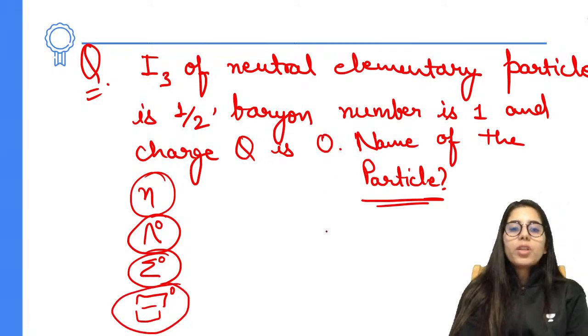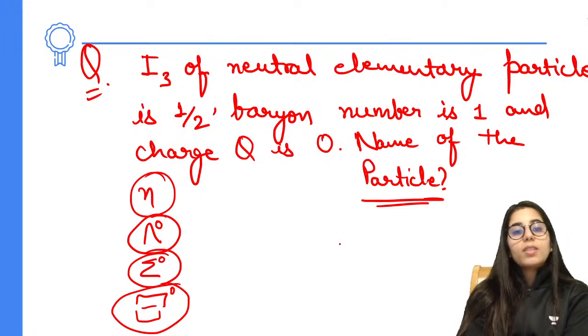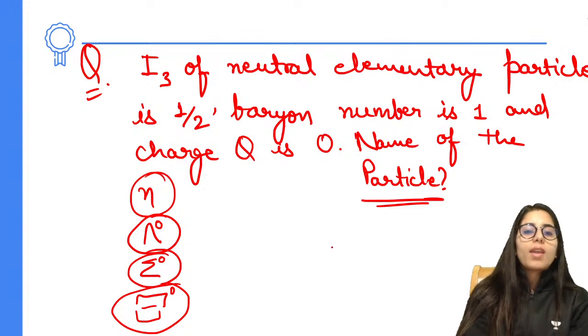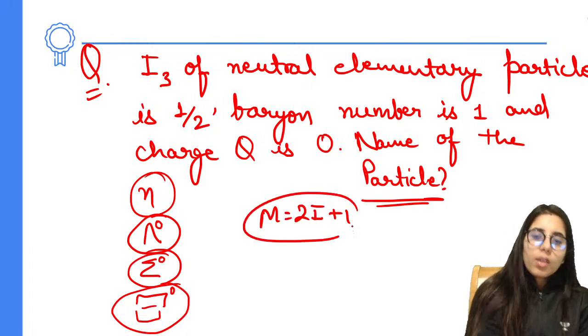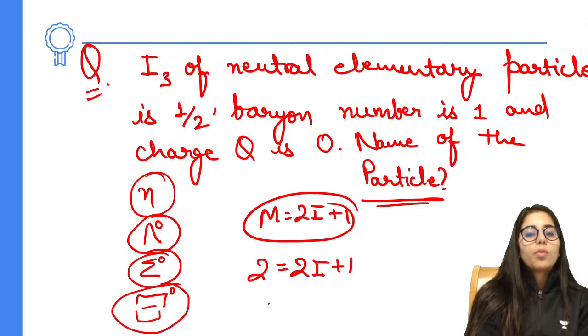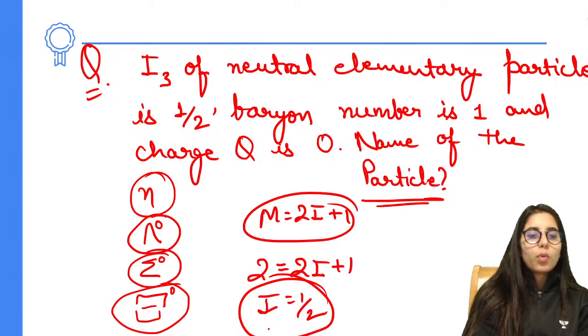I3 of the neutral elementary particle is 1 by 2. You know how you decide the I3 value. First you find the I value, and the process is multiplicity equals 2I plus 1. If the multiplicity is 2, only then your I value will be 1 upon 2, which means I3 has the possible value 1 upon 2.